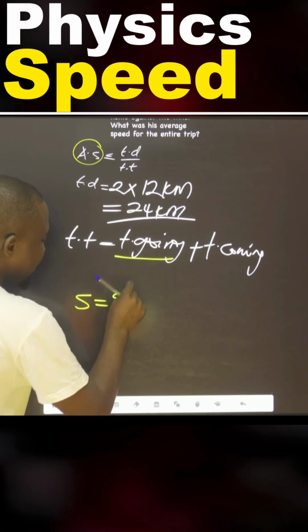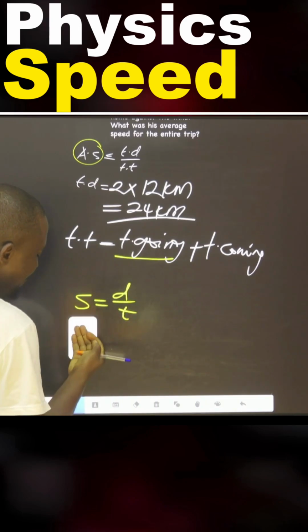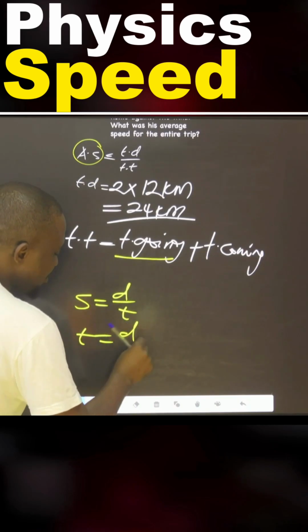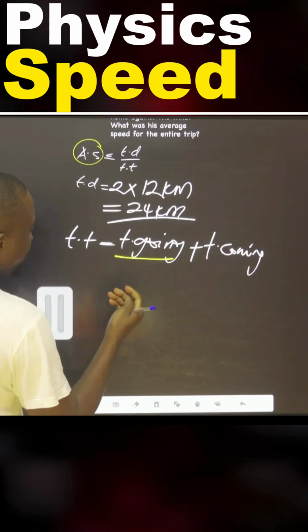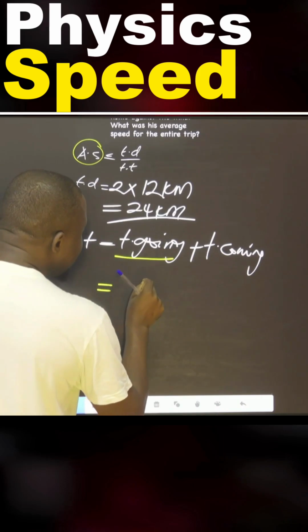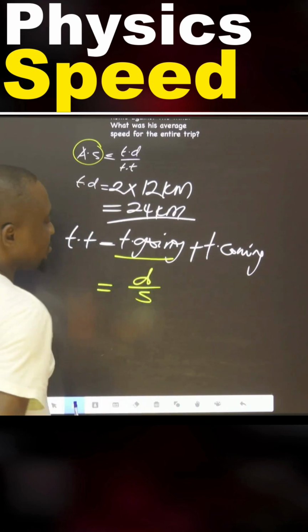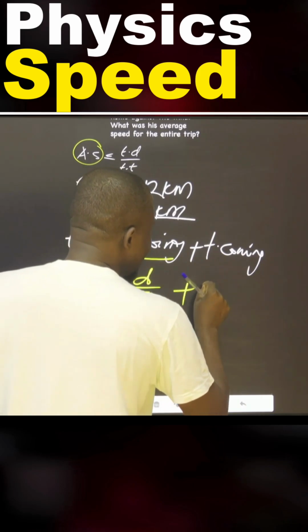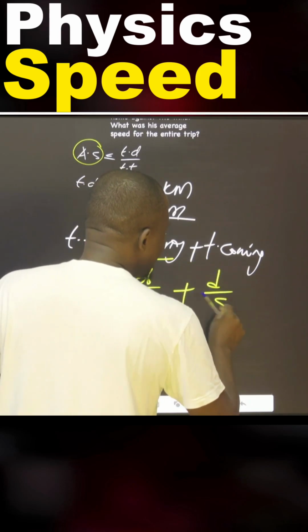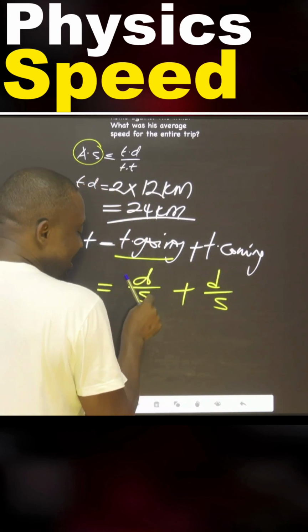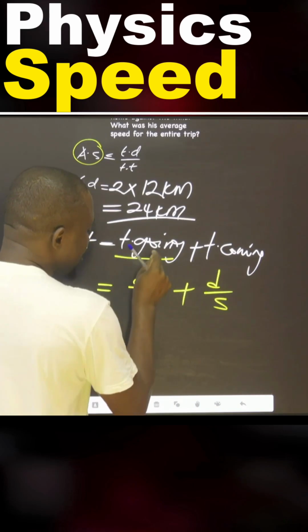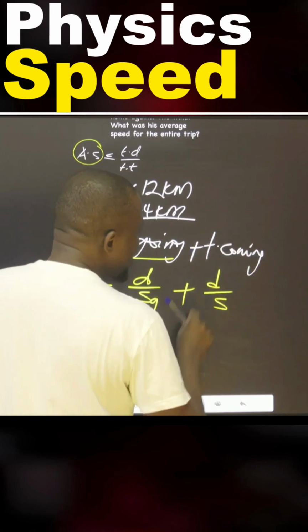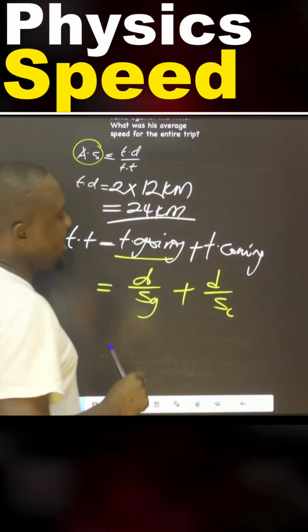Speed is equal to distance over time. Time is distance over speed. So we're going to put here distance over speed plus distance over speed. But this speed is speed going, let's put G here. This one is speed coming, let's put C here.